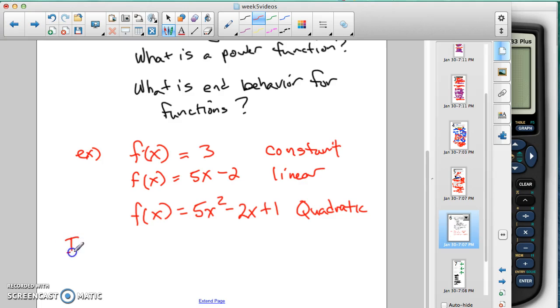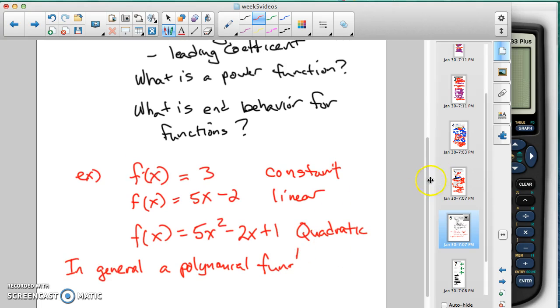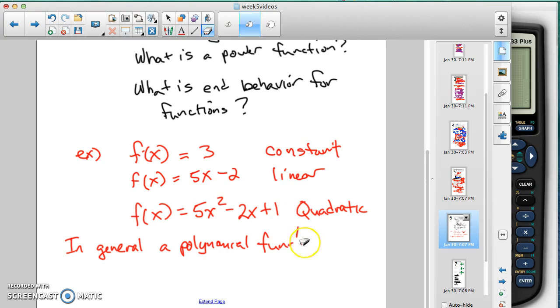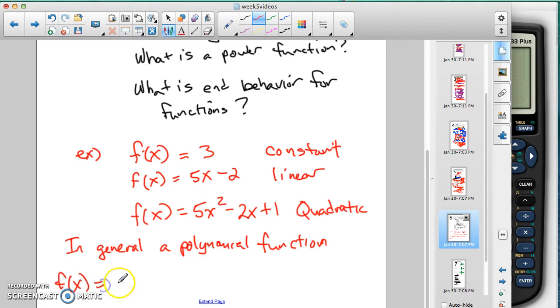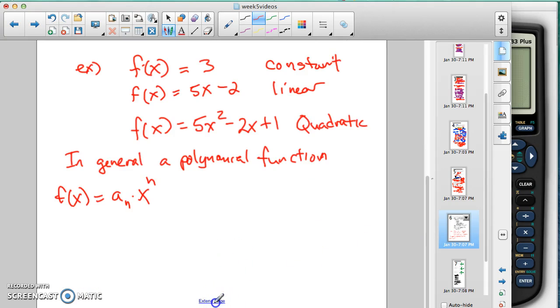So in general, a polynomial function has, for its general term, f of x equals some constant times x to a power, plus the next constant, and x to a power less than that.